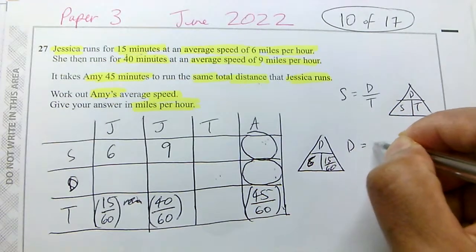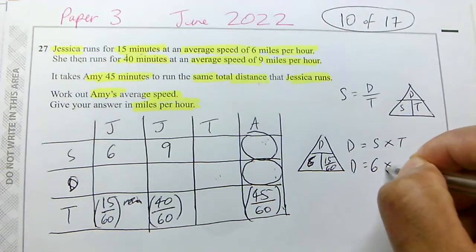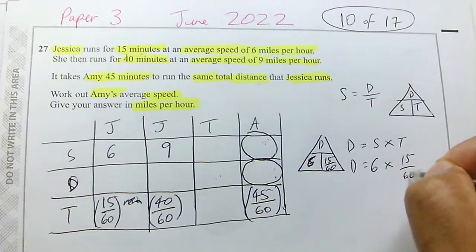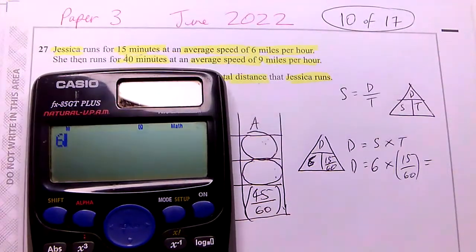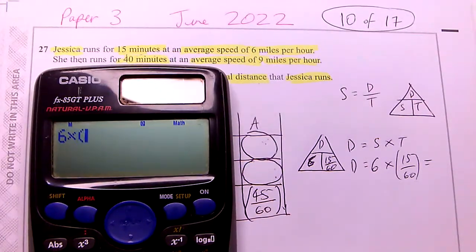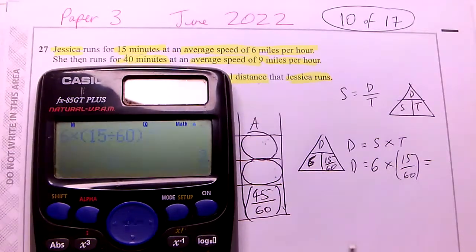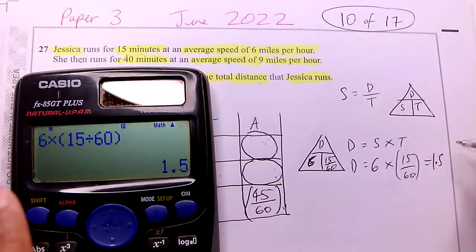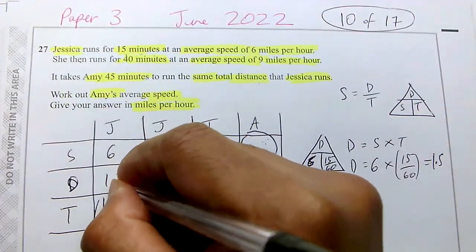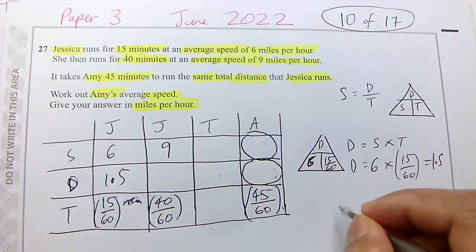So distance equals speed times time. 6 times 15 divided by 60. Put that into my calculator. 6 times bracket 15 divided by 60 gives me 1.5 miles. Put that in here.